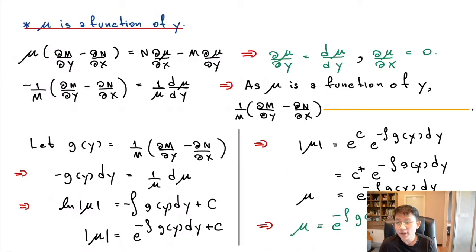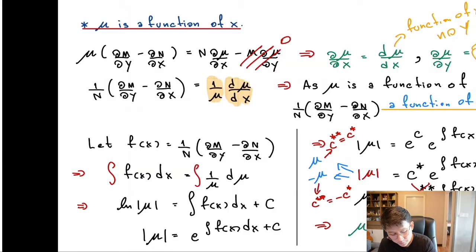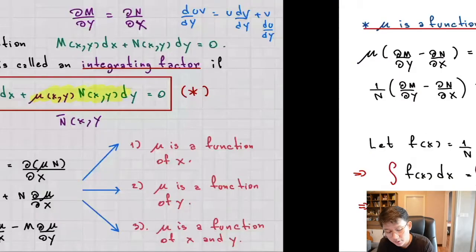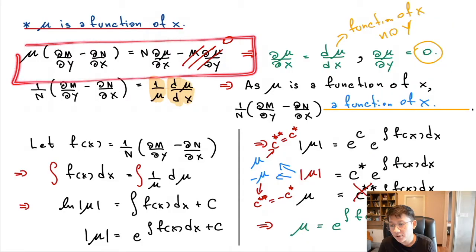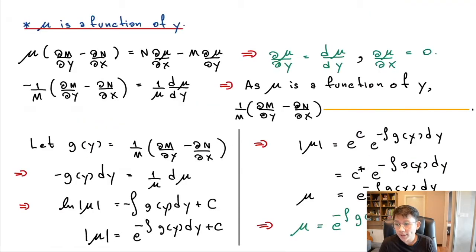Okay, another case when mu is a function of y. So this is nothing but again the copy and paste from here. Okay, it's the same as for the mu is a function of x case. So if mu is a function of y, we have that d mu by dy is actually the same as the partial of mu by dy.